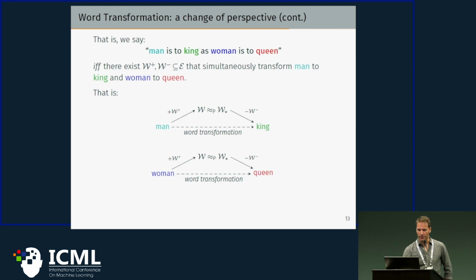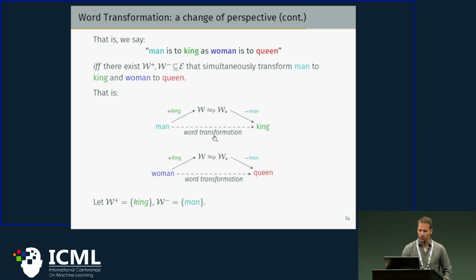And we can do this actually. We don't have to trawl the dictionary for this. We can do this by simply setting W plus here to king and W minus here to man. And we see here this becomes trivial. Man plus king is the same as king plus man going this way. So this holds if man and king paraphrase king and man, where the ordering is irrelevant.